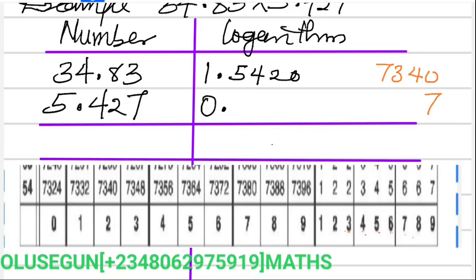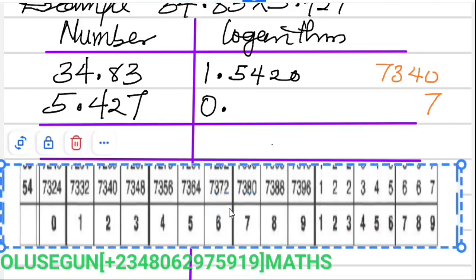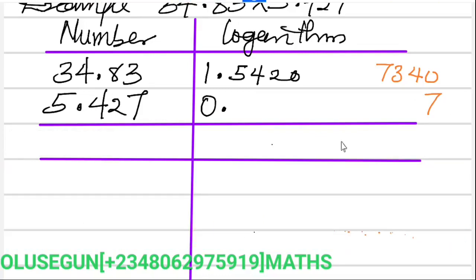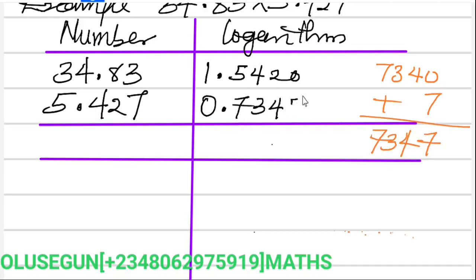Sometimes the difference 7 can be 6; it depends on the logarithm table that you use. Let's add it together: we have 7, 4, 3, 7. So the logarithm here is 7347. Let's clean the rough work.